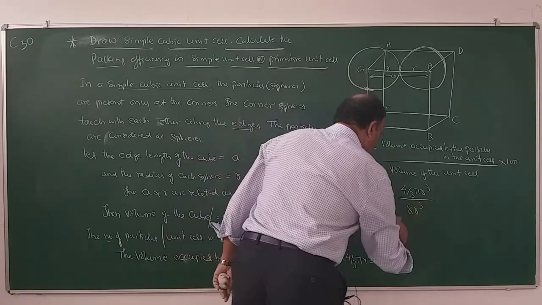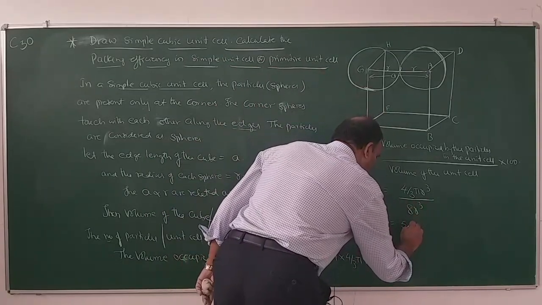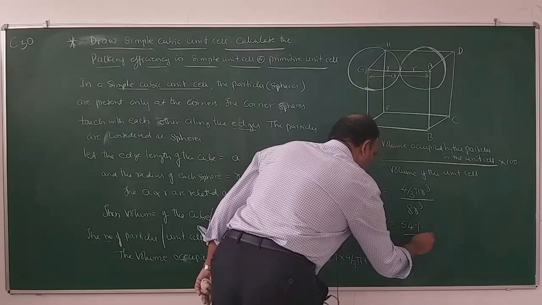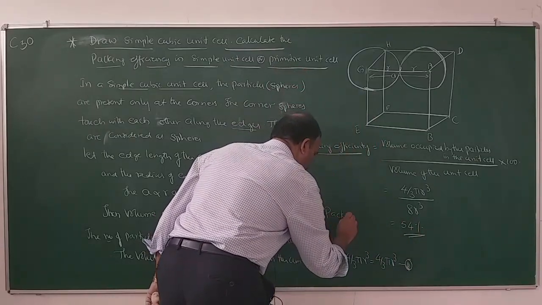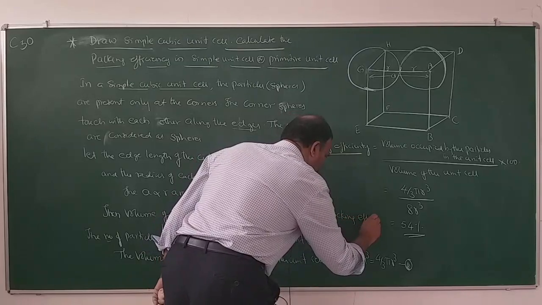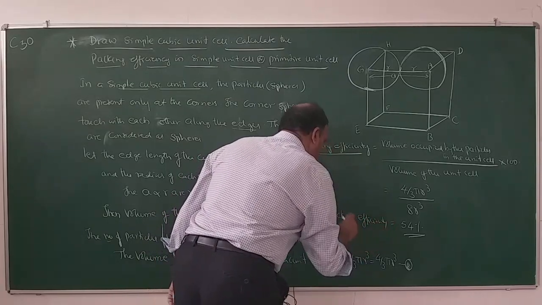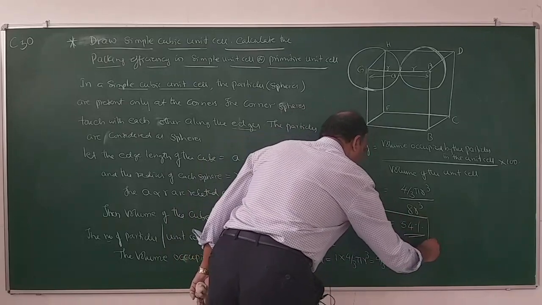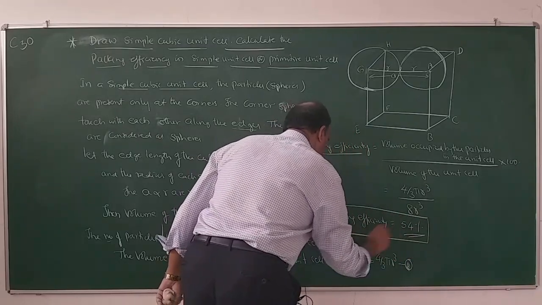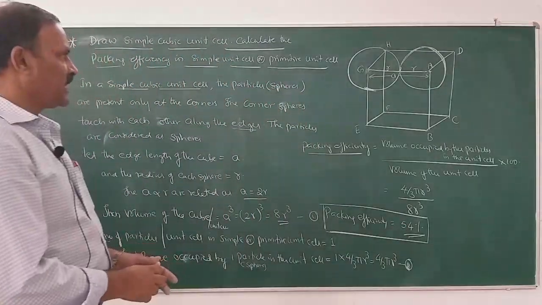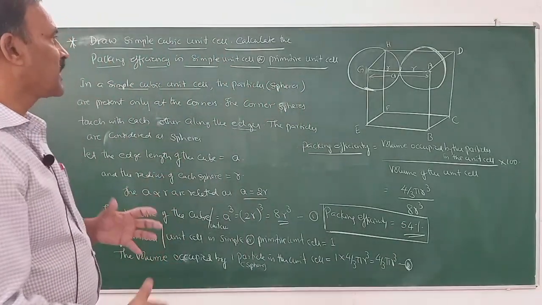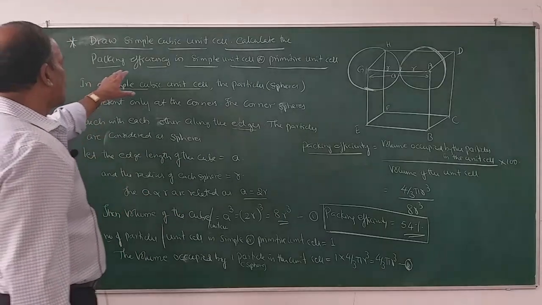If you simplify this, you will get 54%. So this is the packing efficiency in simple cubic unit cell or simple cubic lattice. This is how we can derive the packing efficiency.